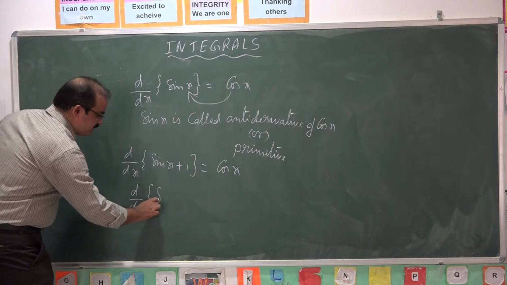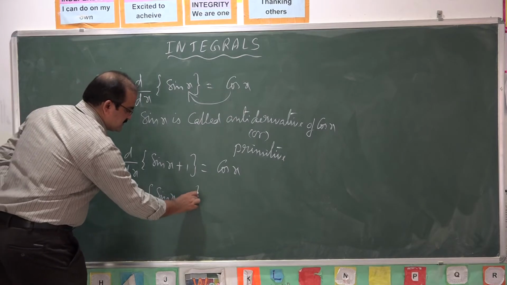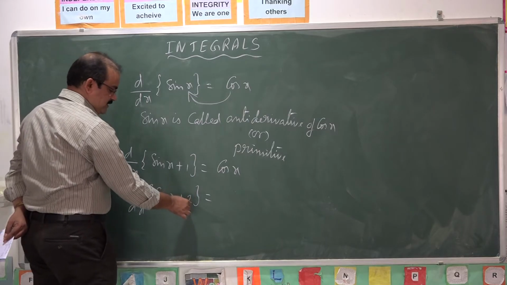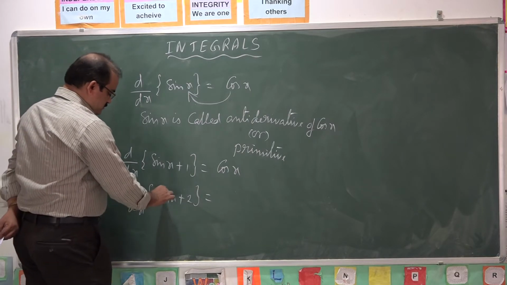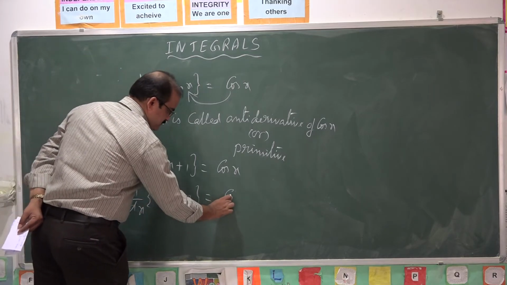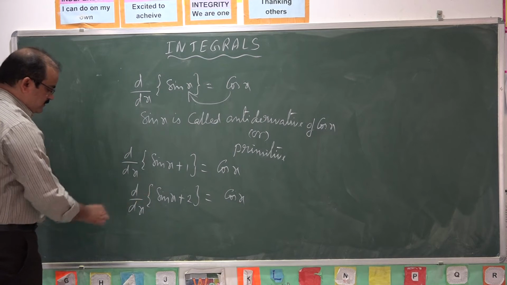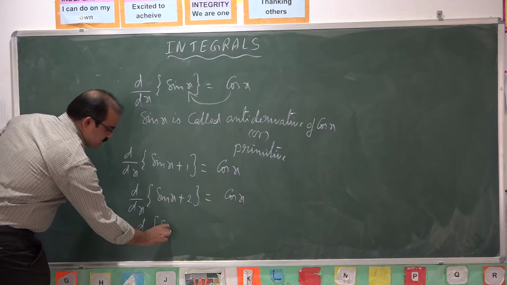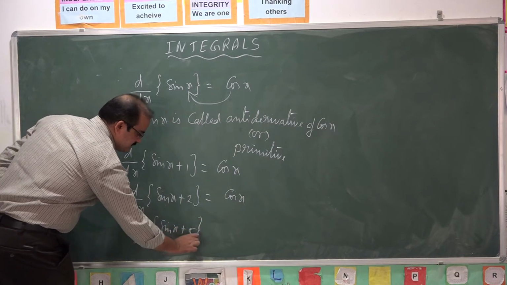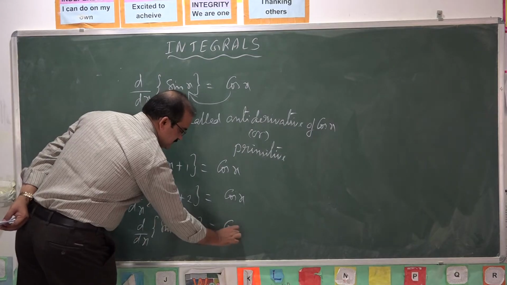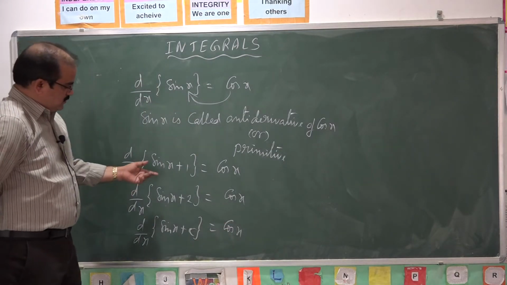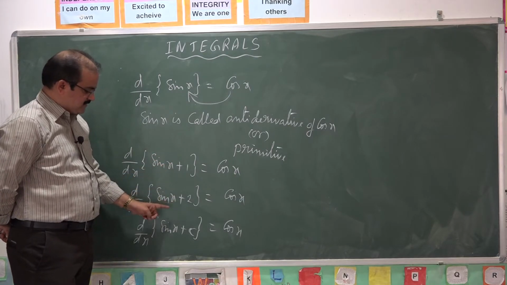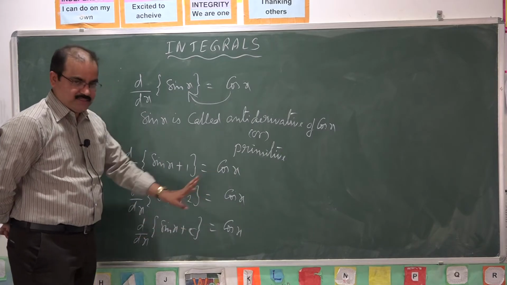Similarly, d by dx of sin x plus 2: derivative of sin x is cos x, derivative of 2 is 0, so it is also cos x. In general, d by dx of sin x plus any constant c is cos x. Here also, derivative of sin x plus 1, sin x plus 2, sin x plus any constant c is cos x.